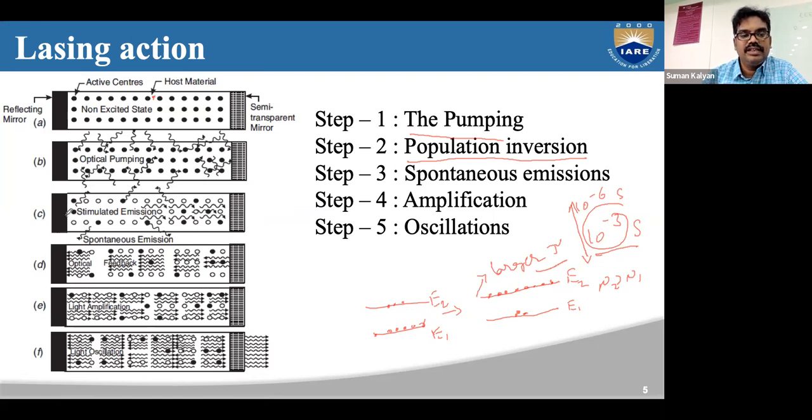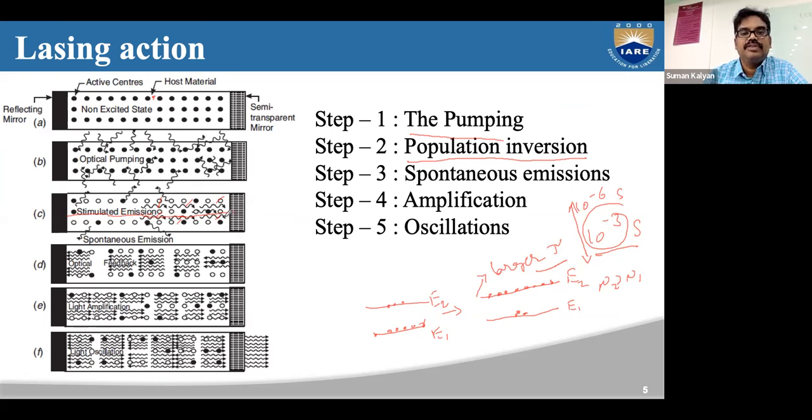Okay, let's say the optical axis is like the x-axis. There will be some photons, as you can see, this one, this one, this one, and this one. These photons are traveling parallel to the optical axis. Once they reach this semi-transparent mirror, they will reflect back.